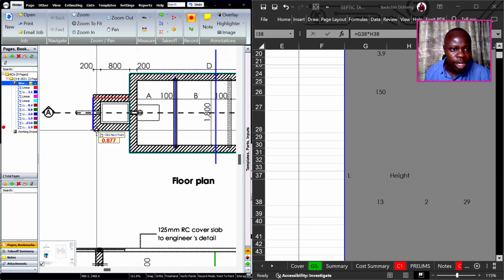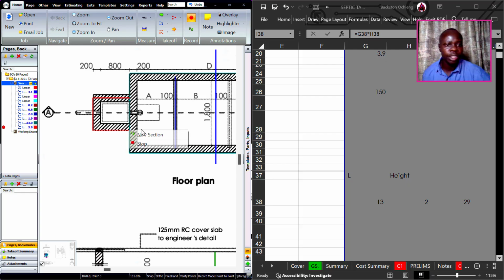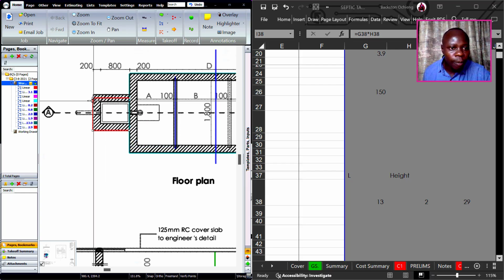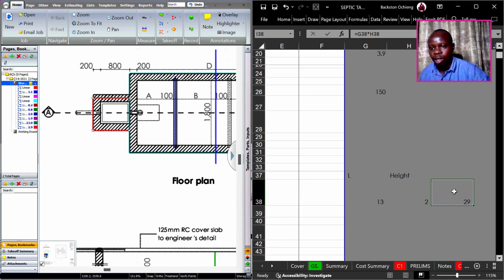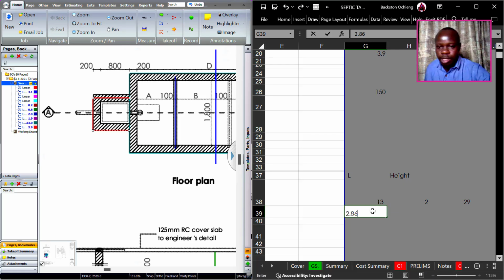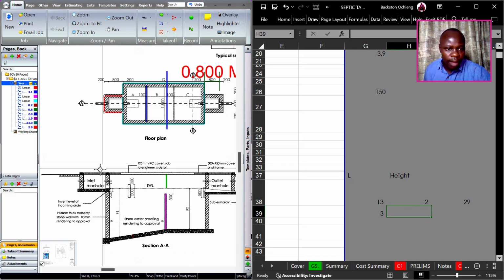Then stretch it downwards to that point, and then to this other point. Okay, so that gives us a total of 2.886. So we can take it to be 3 meters. No, let's just take the 2.86.